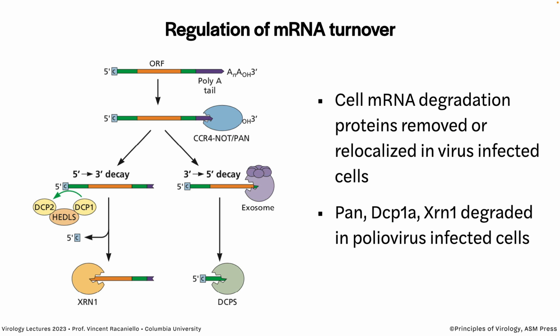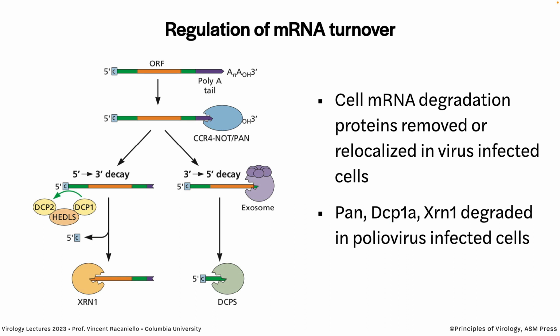So this is a normal system in cells. And of course, these exonucleases are going to degrade viral RNAs, right? So many viruses encode proteins that inhibit these enzymes. Poliovirus, for example, degrades PAN, which is that 3' exonuclease, DCP1A, the decapping protein, and XRN1. All three are degraded in poliovirus infected cells to prevent them from degrading the viral RNA.